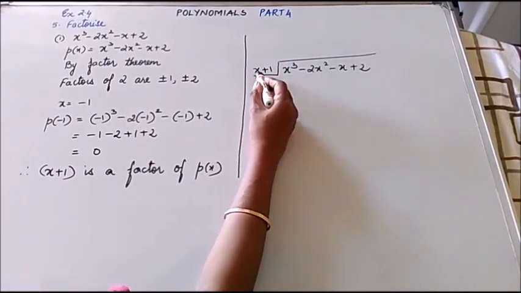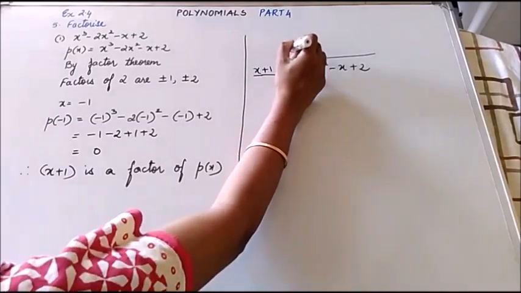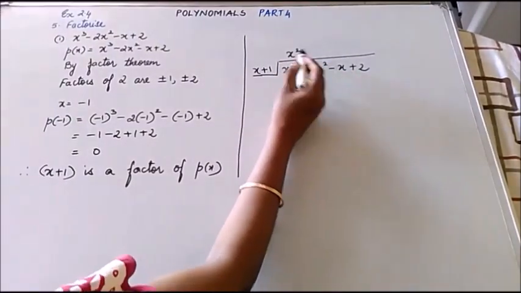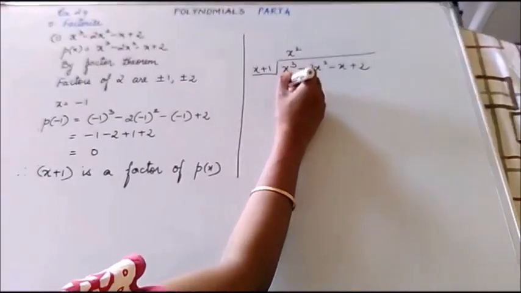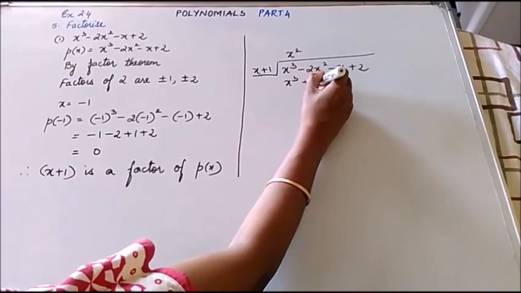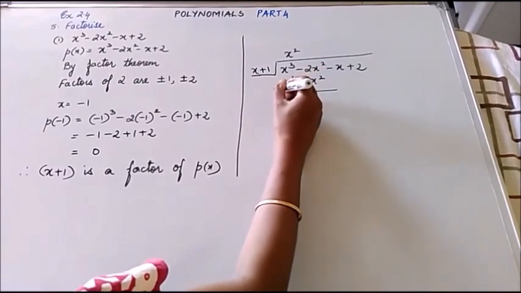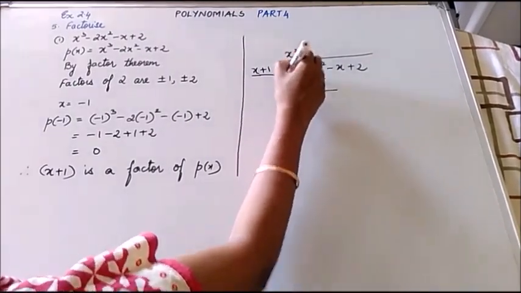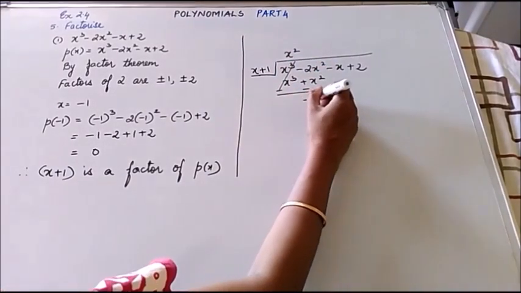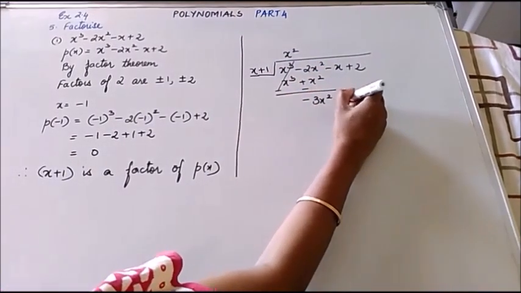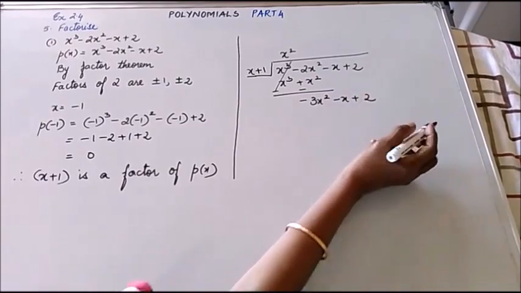For x to become x cube, what should you multiply by? X square. Then multiply x square by the divisor, you will get x cube plus x square, subtract, here you will get minus 3x square minus x plus 2.